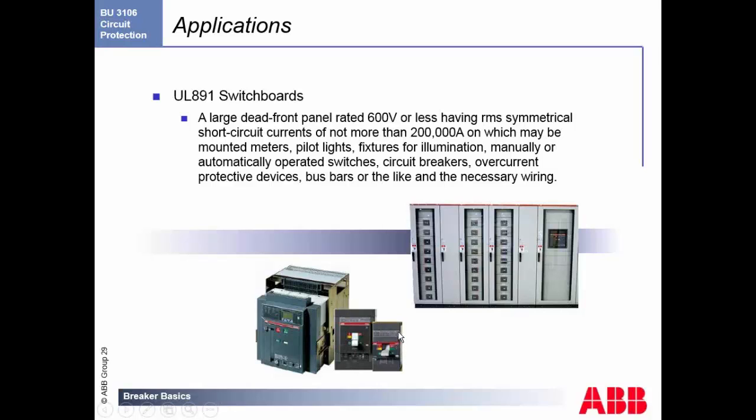This allows you, if you do the selective coordinations and your studies properly, to make sure that the breaker closest to the equipment pops first, reducing downtime, reducing cost, and reducing maintenance. This is used in just about every application I can think of, where you have your main breaker here. That's this Emax, which is a huge breaker that's bringing in all the power into there. We break it out into feeder breakers, and then eventually down to your actual branch breakers.